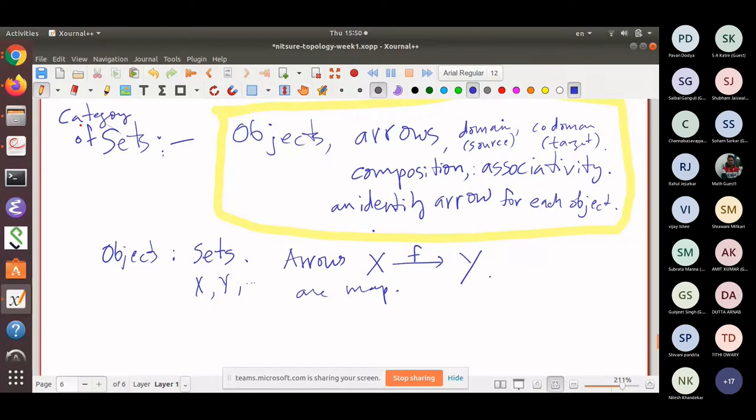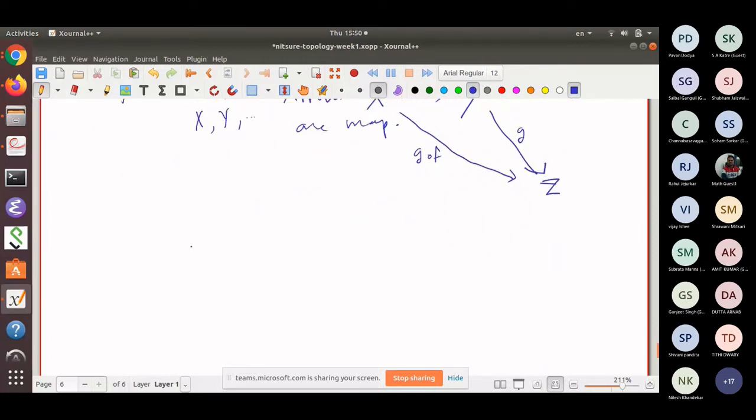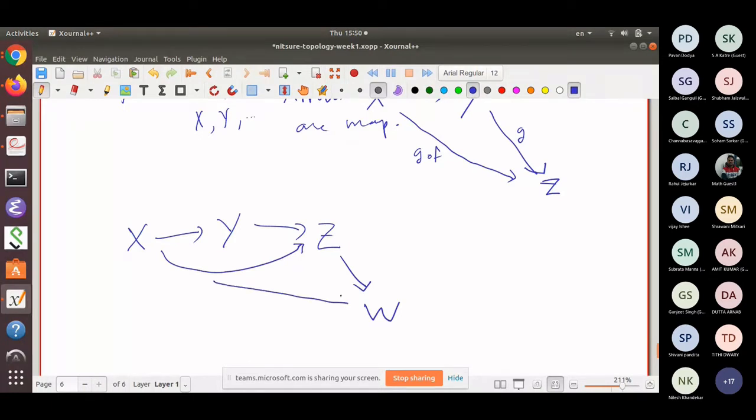Now there is composition. If there is another arrow from Y to Z, then I get a composite arrow, which I write as G composite F. And then associativity means there is X to Y to Z to W. I may first compose this and then compose this with this, or I may first compose this with the composition of this with this.